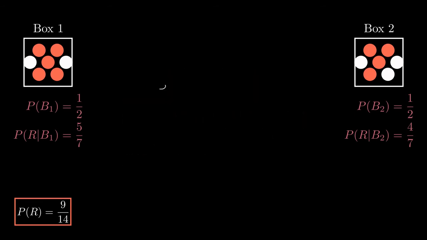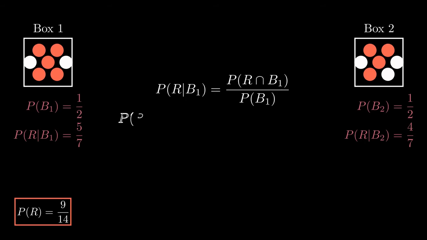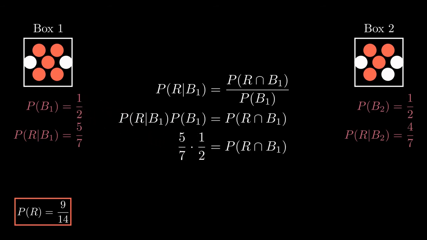We can write the intersection of those two events, B1 and R, like this: the probability of choosing red given box 1 times the probability of box 1. This is one of your equations from the book, and we can rearrange it like that. On the left-hand side, we have both those pieces for box 1.